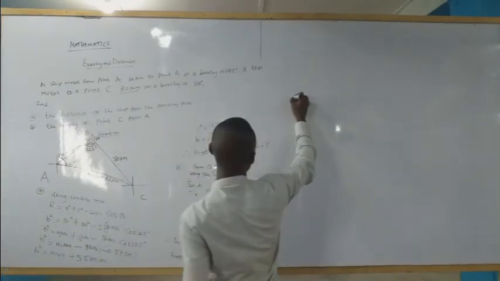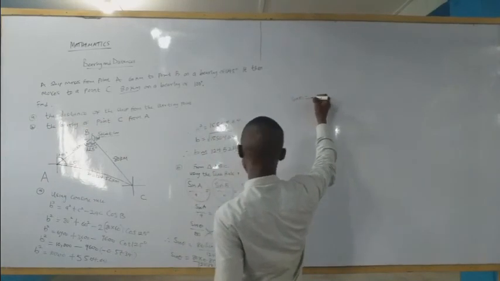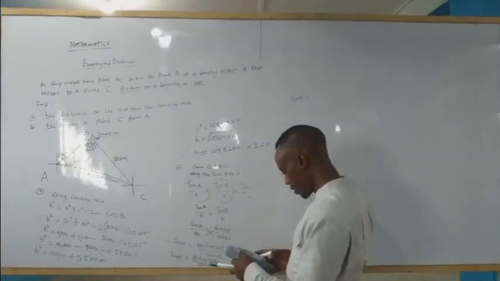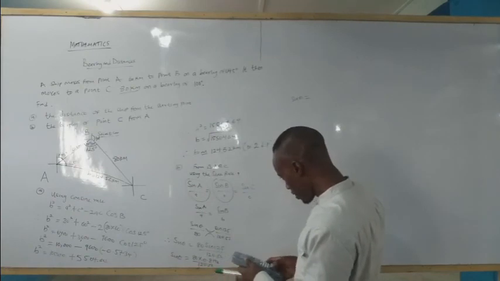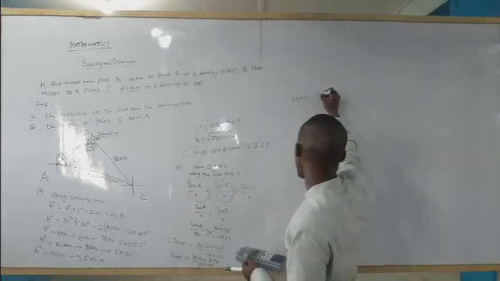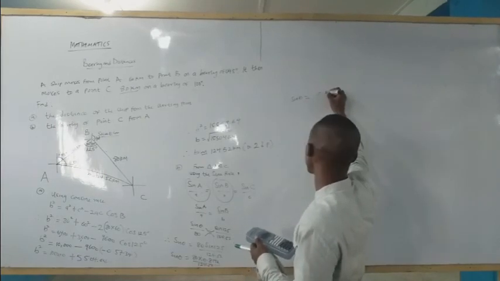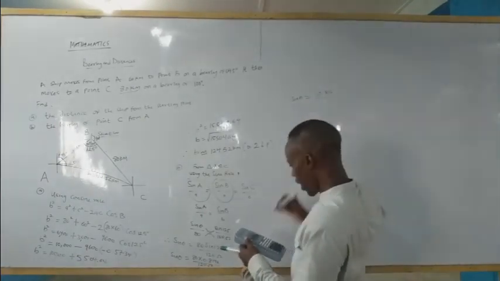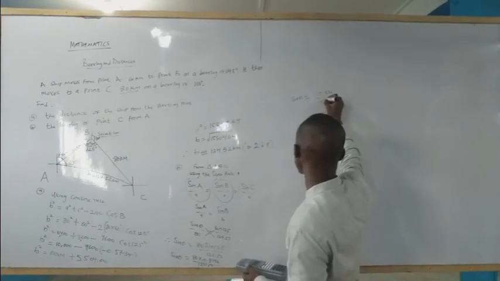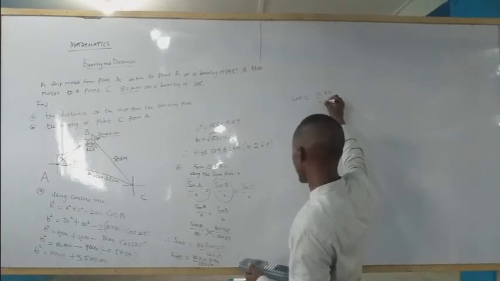We say therefore sine theta is equals to 80 times 0.8192, 65.536 over 124.52.